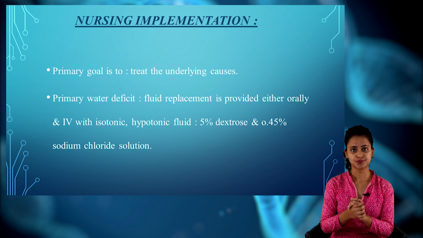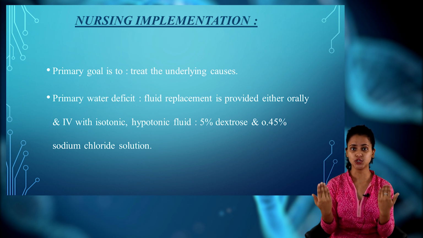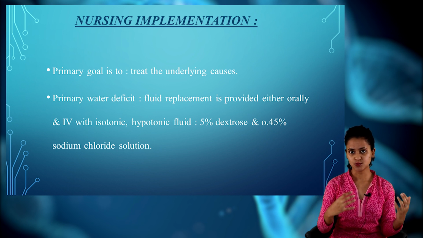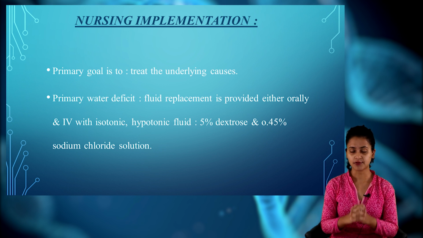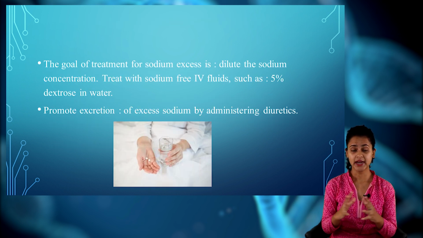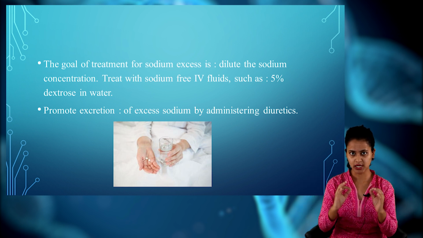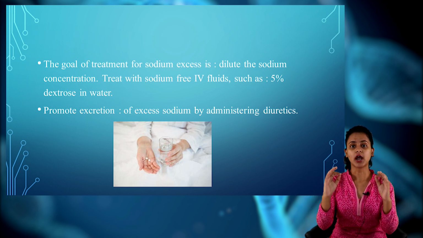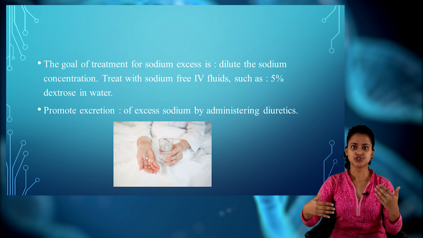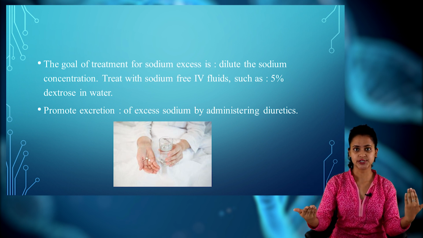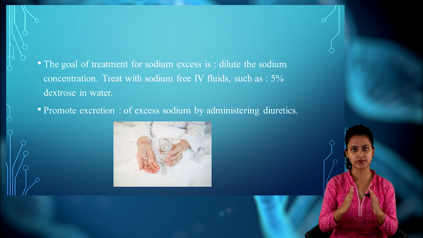As I have mentioned, often the client will be managed with an isotonic or a hypotonic solution. Generally 5% dextrose and 0.45% normal saline will be used for acute and chronic hypernatremia for the client. Now, if there is an acute excess amount of sodium present in a client with hypernatremia, dilution of the serum concentration of sodium is the main goal of the treatment.